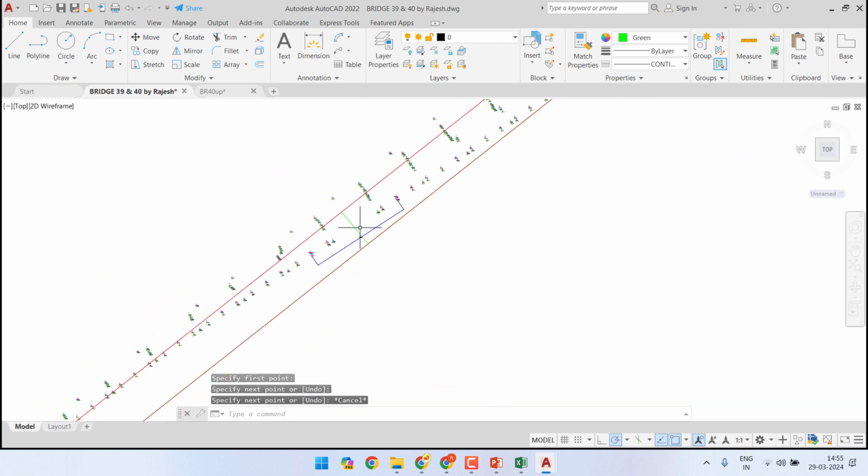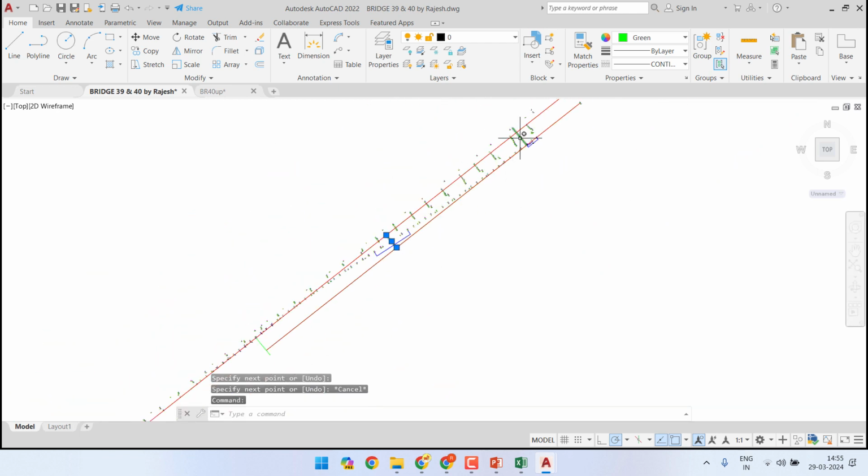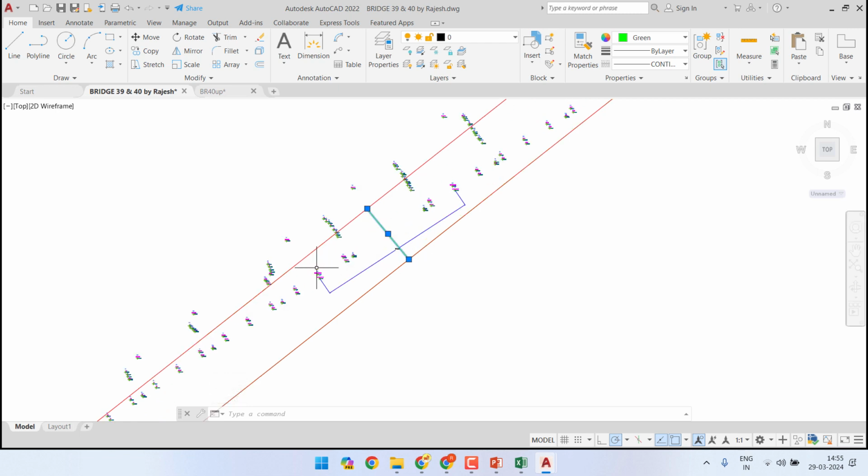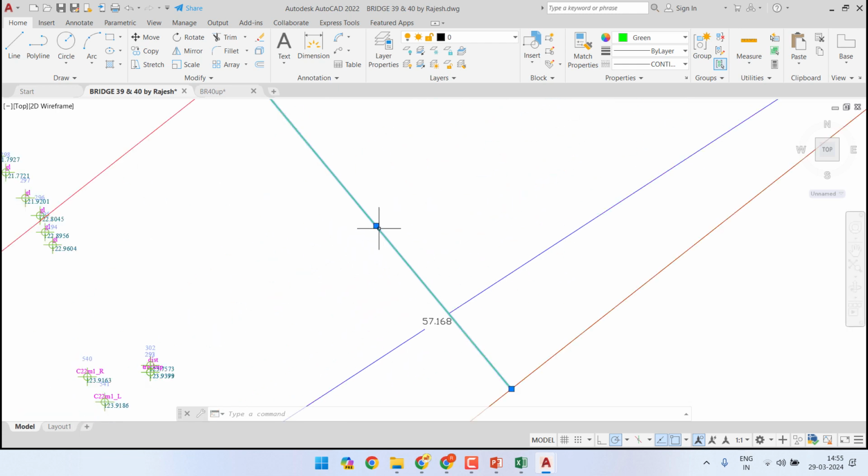Now we have got the central point of the reverse curve, and the middle straight portion will be something like this. Ideally, the middle of the middle straight portion should be somewhere here.